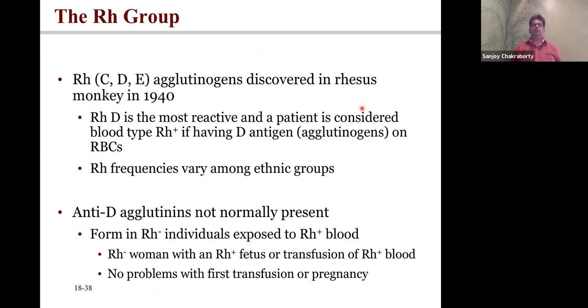If you have it, you're positive. If you don't have it, then you're negative. Most people have it. Like 85%, if I remember correctly, of Caucasian people or 99% of Asian people are positive. There are a few in every group who are negative, meaning they don't have Rh factor.